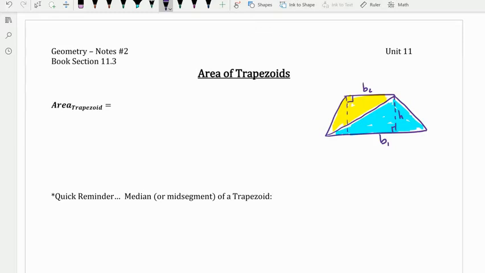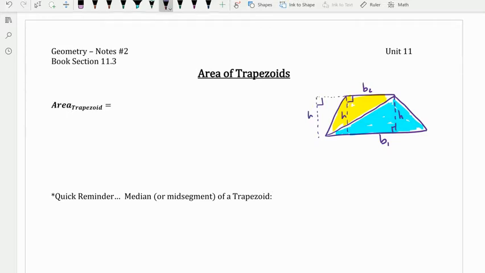Oops, no, I did that wrong. No, I didn't. Okay. So you can see how the height of each triangle there is actually the height of the trapezoid. And actually, to see that height, you'd have to kind of draw it out this way. There's your height of that triangle. But you can see how it's the same height as the trapezoid, right?